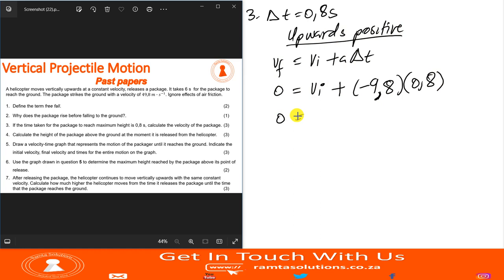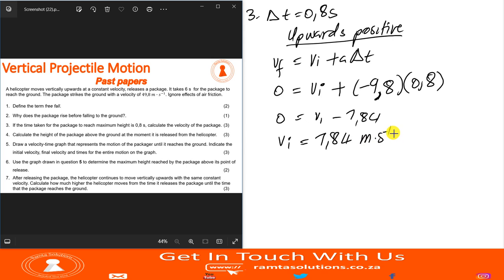So 9.8 times 0.8 is negative 7.84. So 0 equals vi minus 7.84, implying the initial velocity is positive 7.84 meters per second.